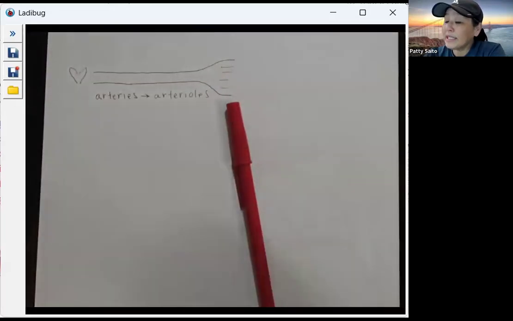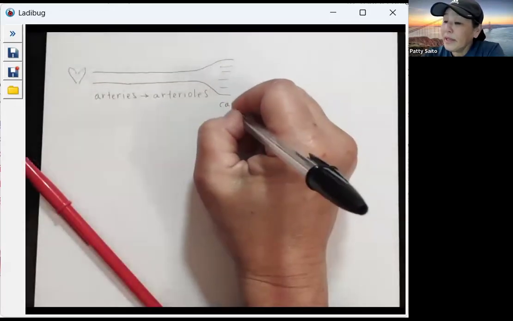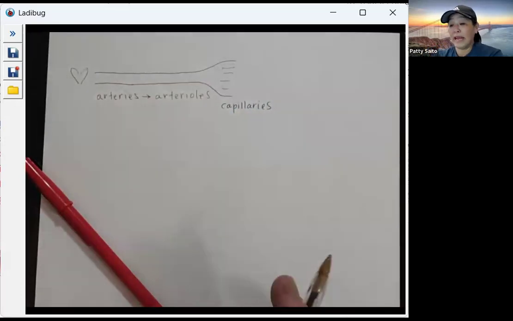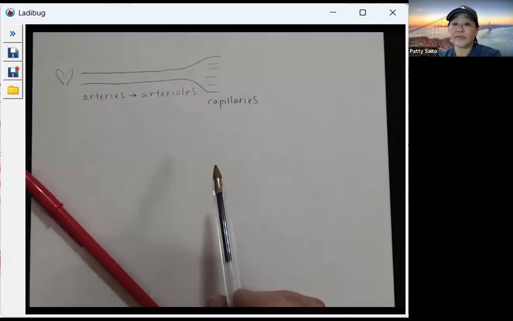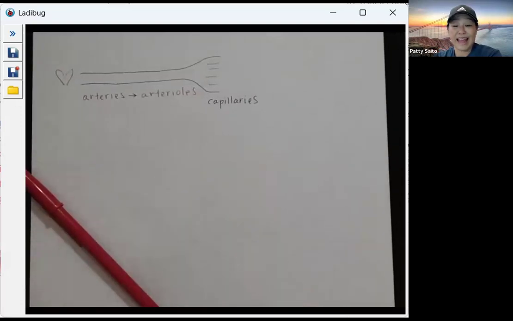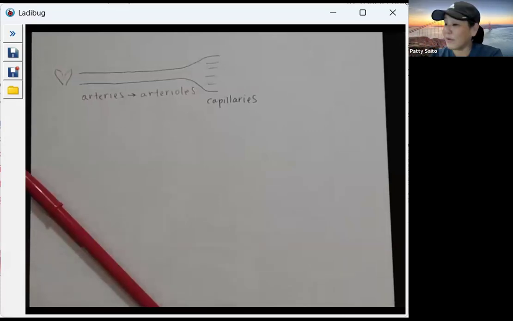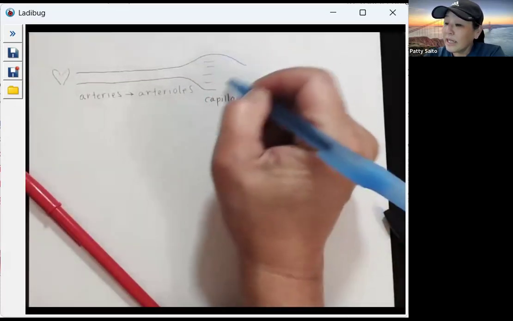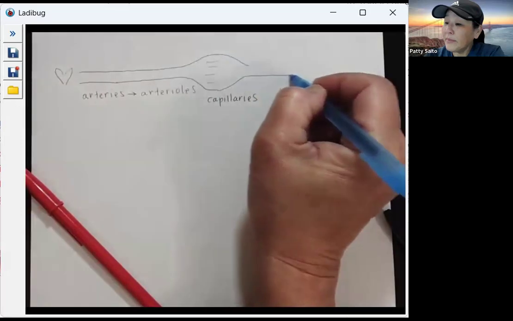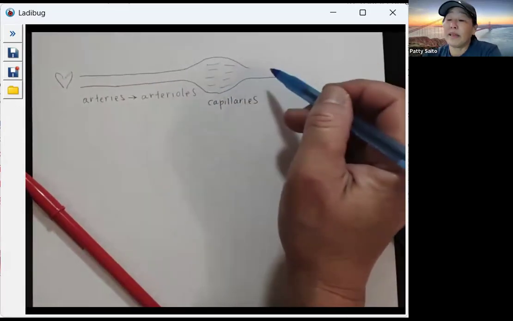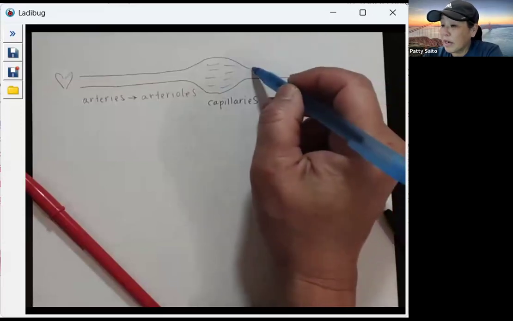The capillaries, if you recall, are the area where we have exchange of materials because of certain properties. They have to be thin-walled in order for materials to easily move across. And this is where oxygen is taken out of the blood, and we get rid of some carbon dioxide and waste products.